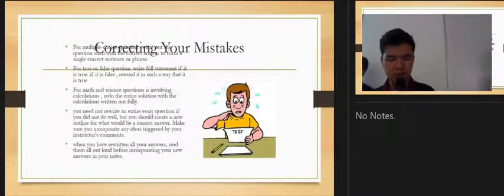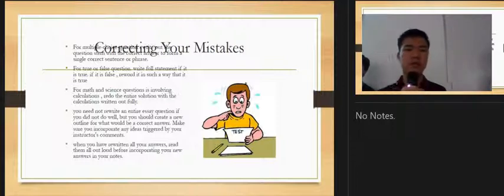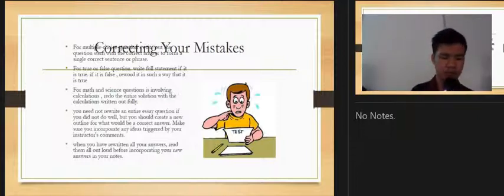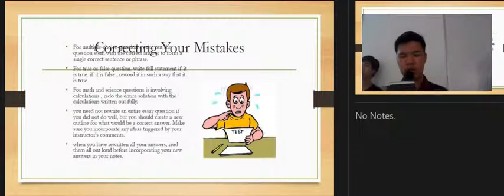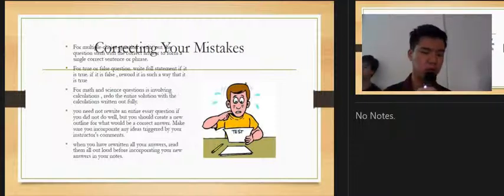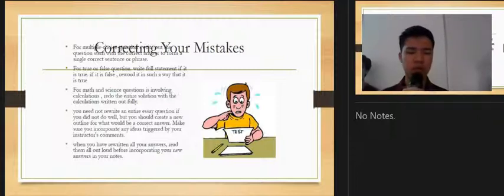Okay. The next is correcting your mistakes. When you have mistakes, you have to correct your wrong action. The last time you wrote the information, or when you took the test, you created a link to wrong information in your memory.